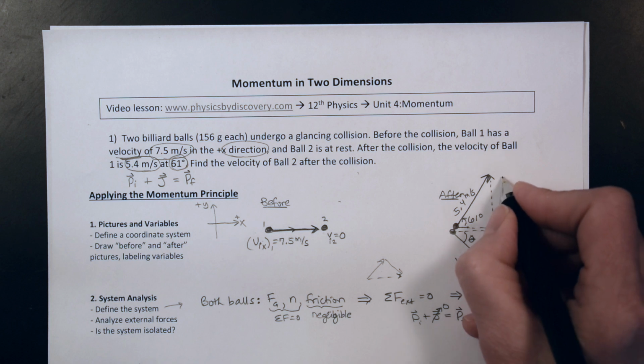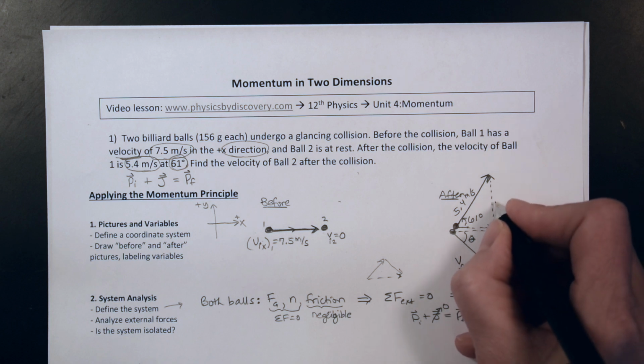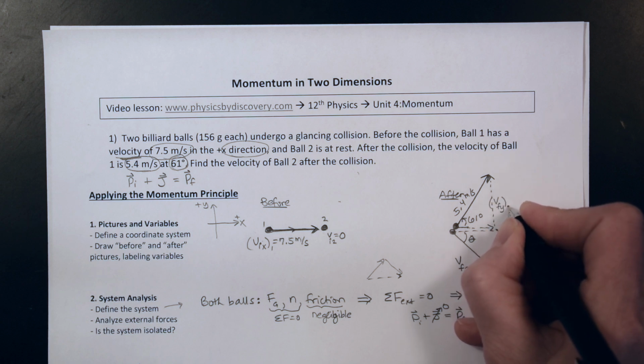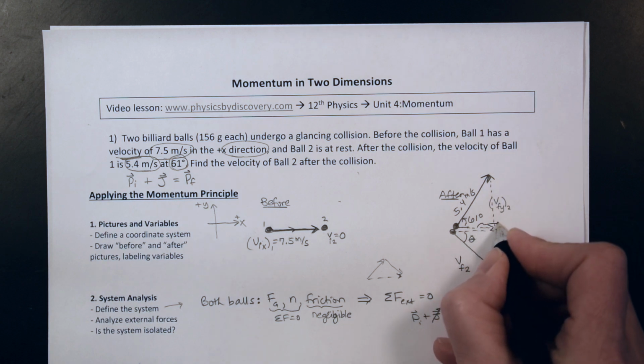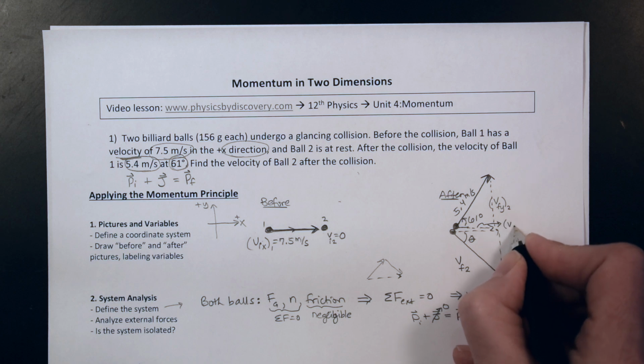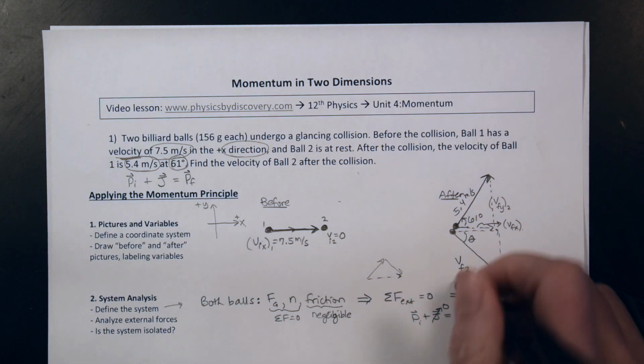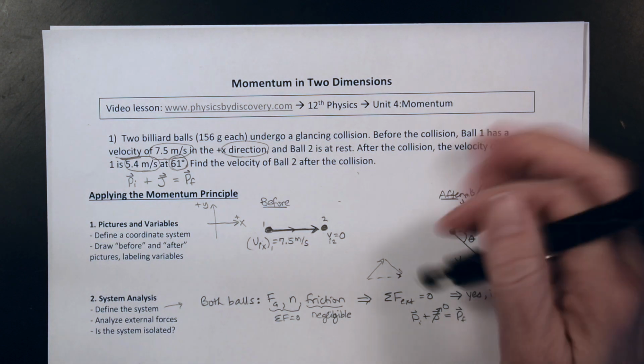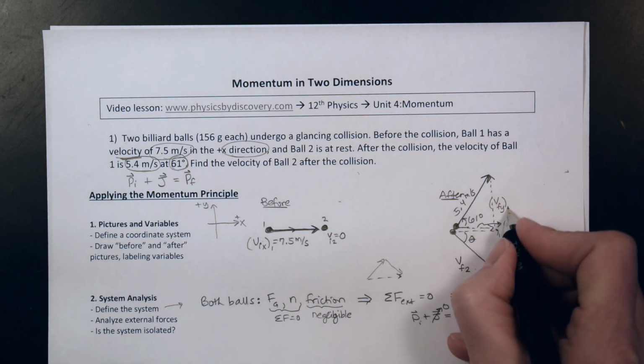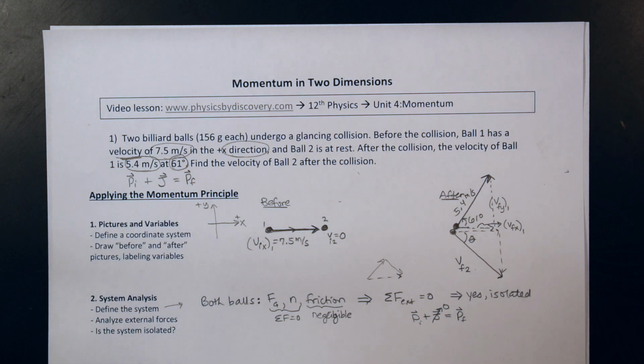For ball 1, this component would be the final velocity in the y direction, and this component here would be the final x component of the velocity. I'm sorry, this is for ball 1, this is for ball 1. You were probably confused about that.